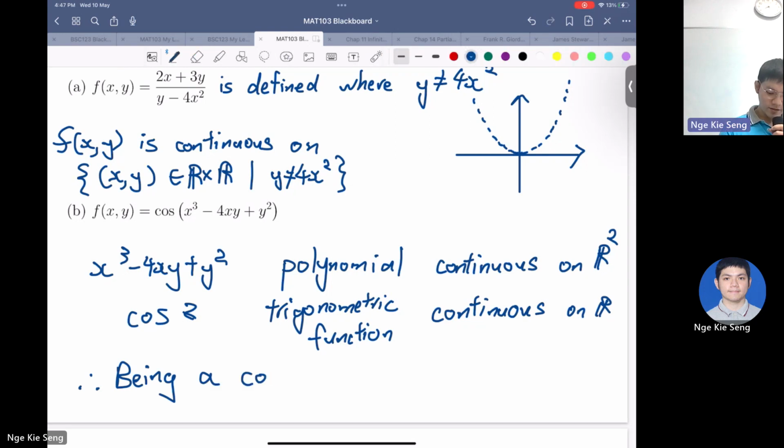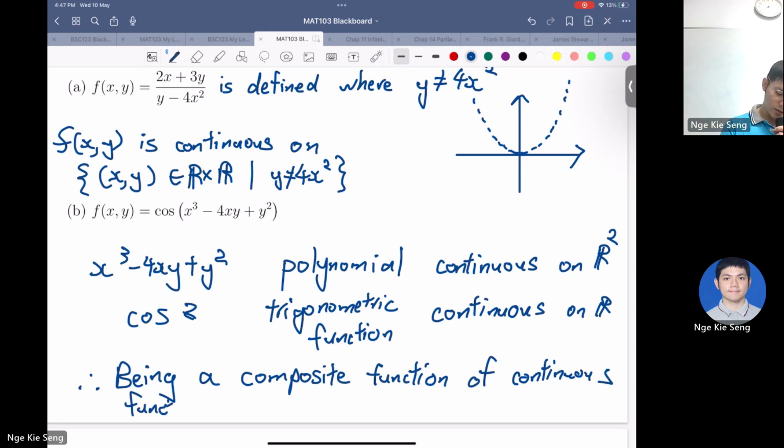Being a composite function of continuous functions, f is continuous.